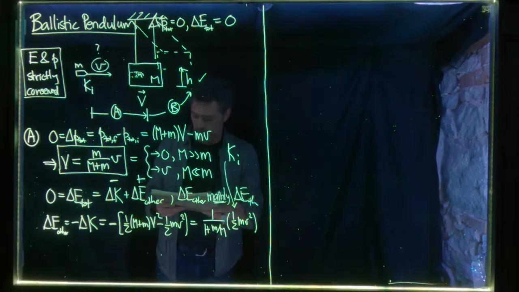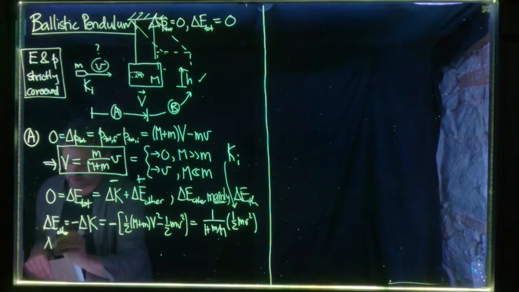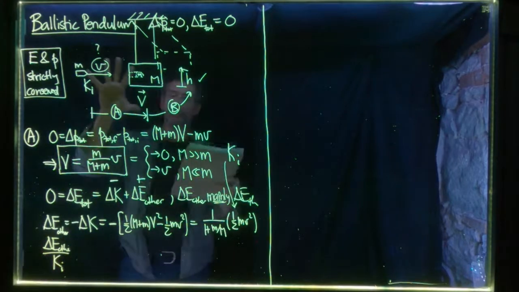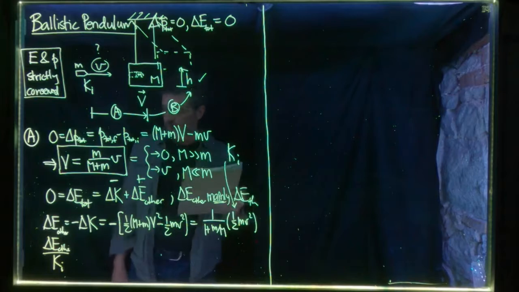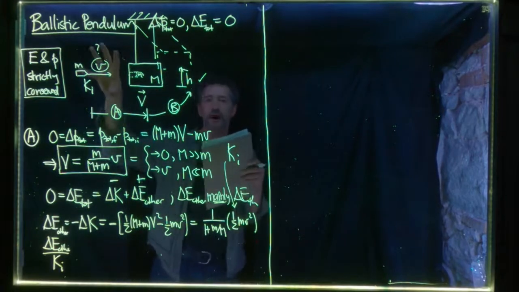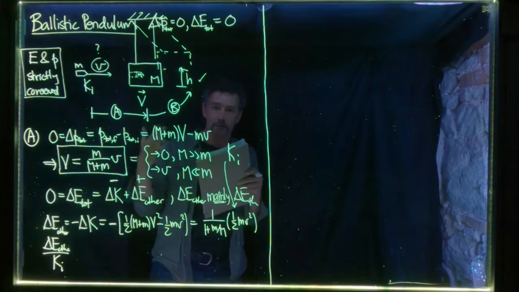So you want the ratio of delta E other to the original energy in the system, which was just the kinetic energy of that bullet. You're asking what fraction of the original energy went into other forms of energy, mainly thermal energy?